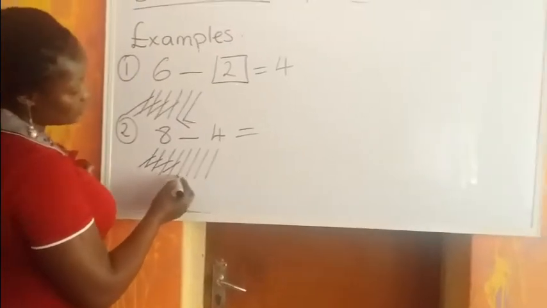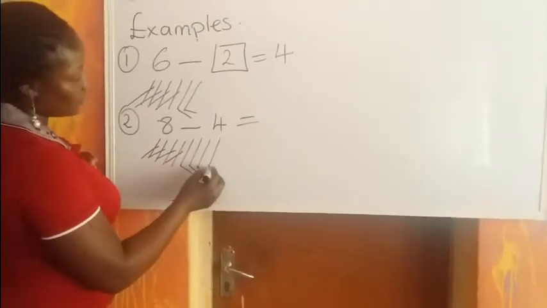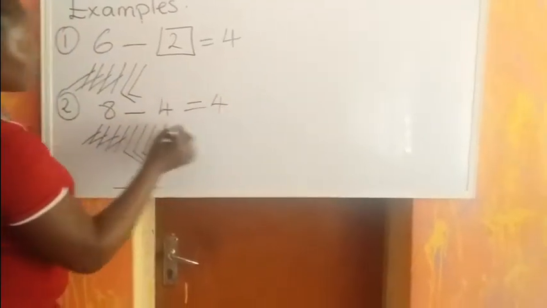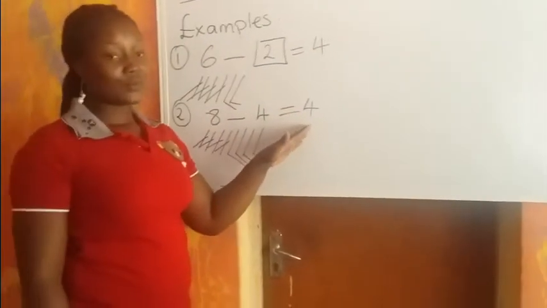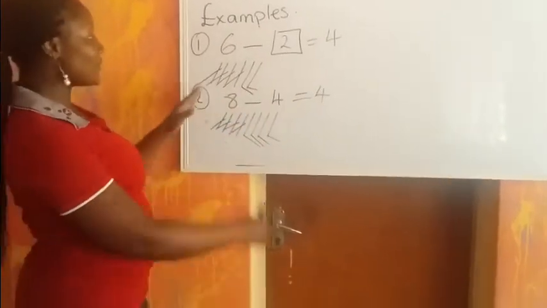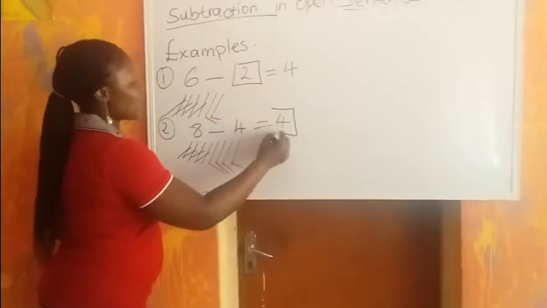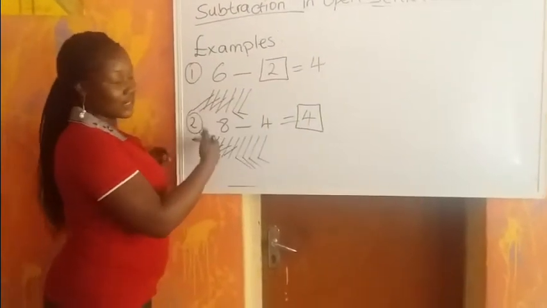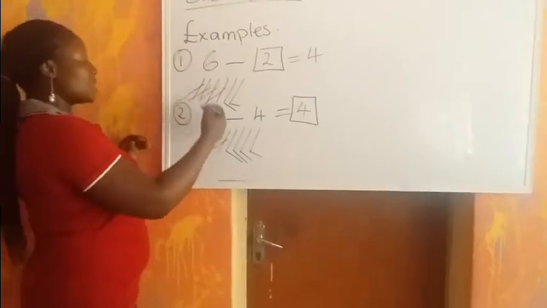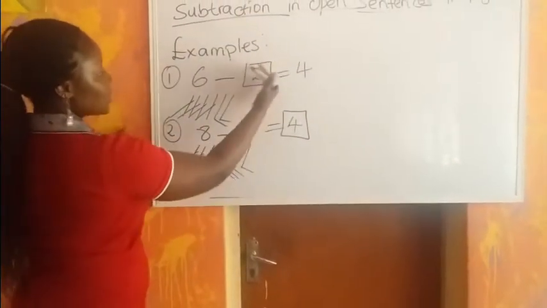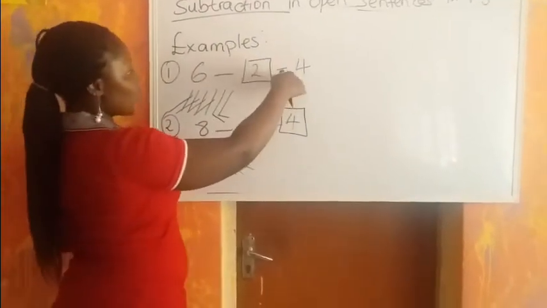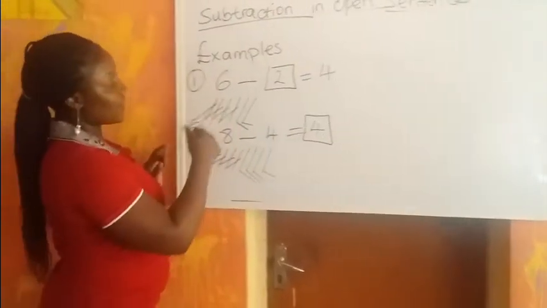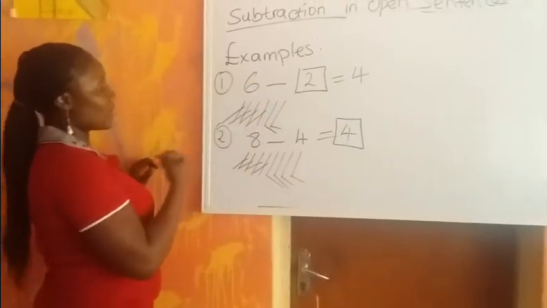We are left with 1, 2, 3, 4. So 8 minus 4 is 4. You can have the blank here or in any of these, but we will be dealing with the first ones. That's the numbers that you need to take away to give you the final, the bigger number.